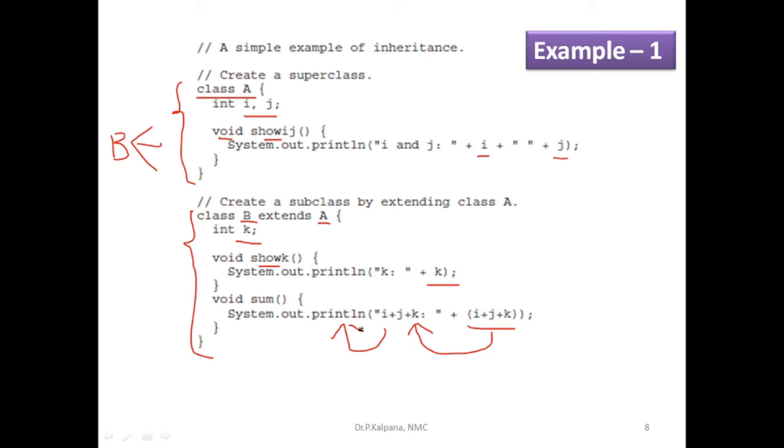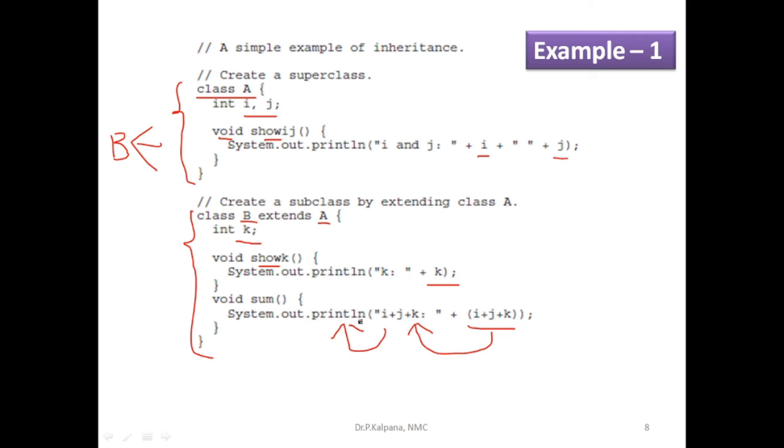Also, it has the properties which are derived from the base class. Here the base class is A. So, as a whole, the B class contains i, j, k, showij, showk and sum. So, with B's object, it is possible to access i, j, k, showij, showk and sum.